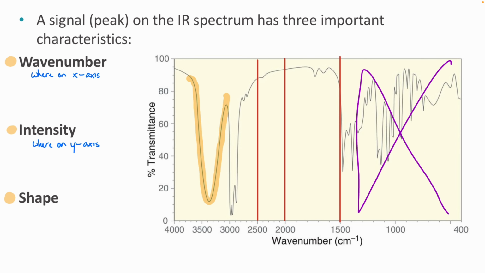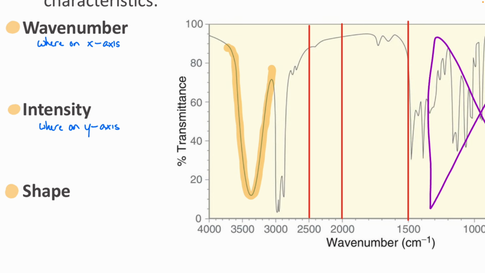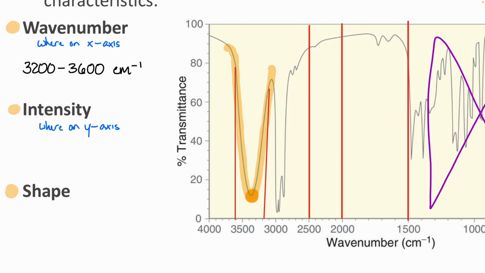If we're going to analyze this peak right here, I'm again going to give the wave number of that peak. For really sharp peaks, you can just report that maximum value. For these broader peaks, it's better to report some sort of a range. So I'm going to say my peak is from 3200 to 3600 inverse centimeters. That's my peak here that I'm analyzing, from there to there about.